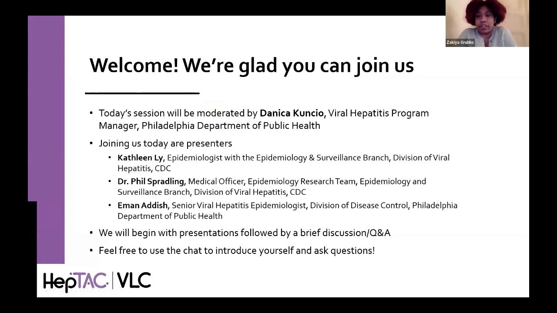Joining us today are our speakers, Eman Addish, Senior Viral Hepatitis Epidemiologist with the Division of Disease Control at the Philadelphia Department of Public Health, Kathleen Lee, Epidemiologist with the Epidemiology and Surveillance Branch within the Division of Viral Hepatitis at the Centers for Disease Control and Prevention, and Dr. Philip Spradling, Medical Officer, Epidemiology Research Team with the Epidemiology Surveillance Branch within the Division of Viral Hepatitis, also with CDC. And finally, we have our moderator, Danica Kuncio, Viral Hepatitis Program Manager, also with the Philadelphia Department of Public Health.